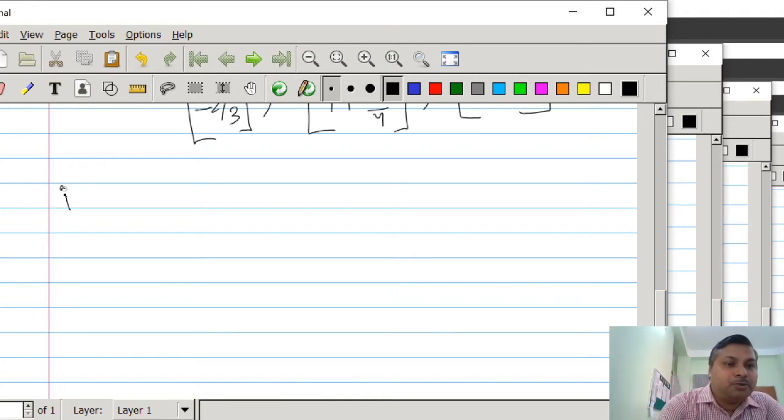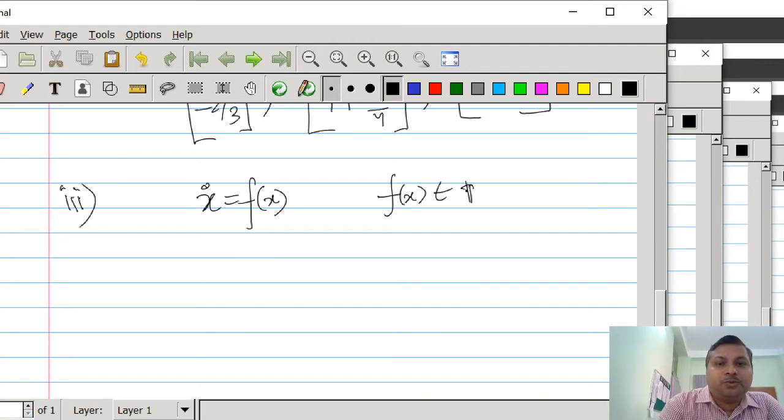So to define the stability, we understood that we have to find out. If we have a system x dot equal to f(x), here f(x) belongs to maybe R2, meaning there are two components.